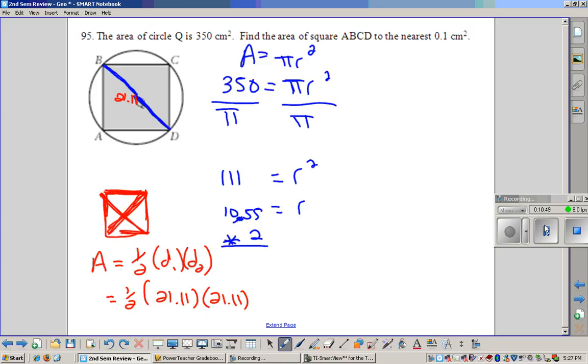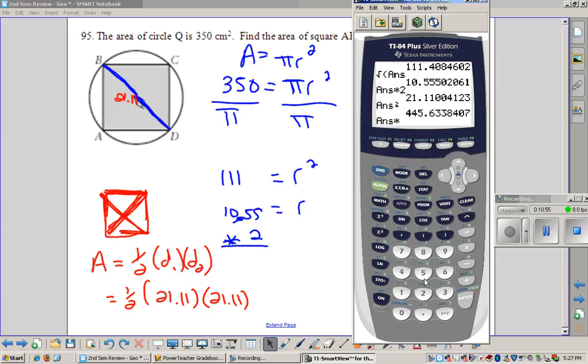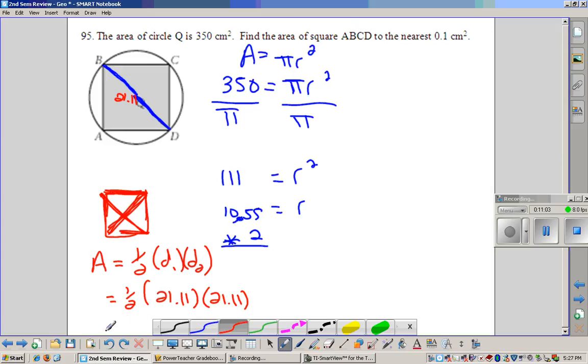And I don't know what that answer is. Let's check it out on the calculator. Answer of about 222.8. That's correct. That's the area of that square.